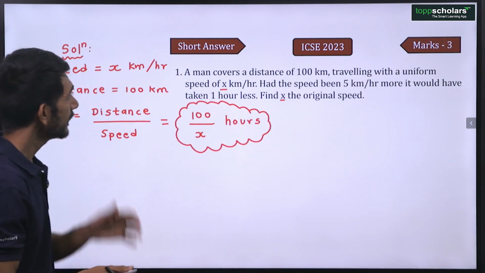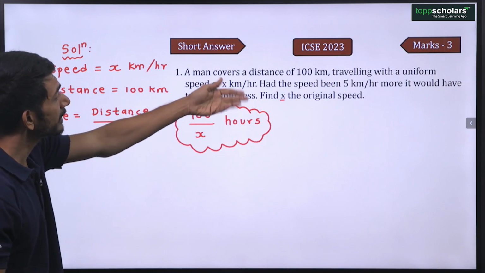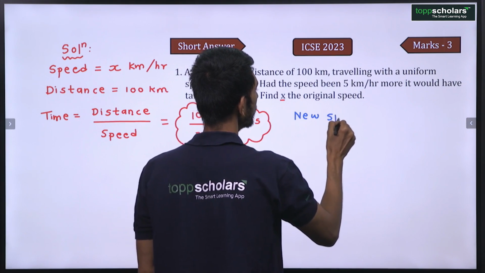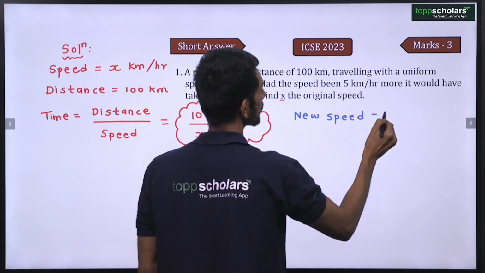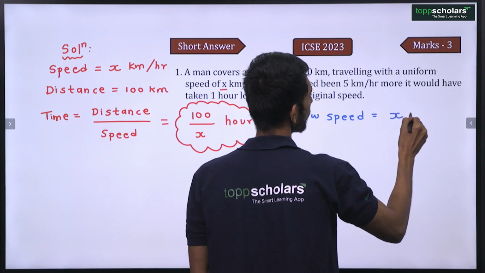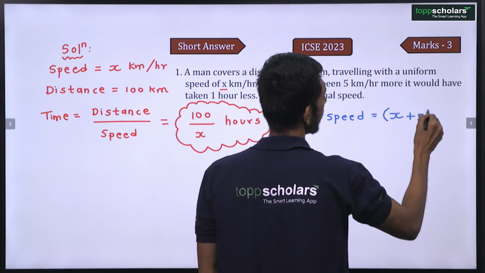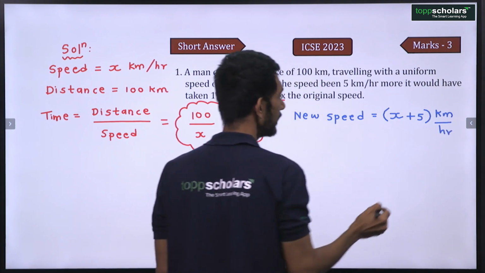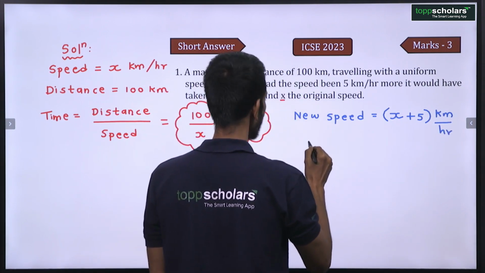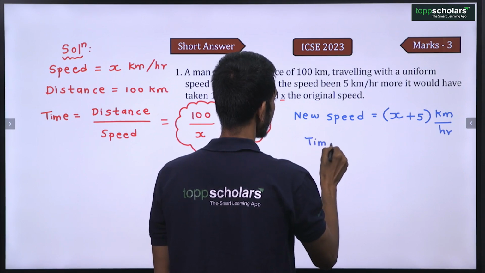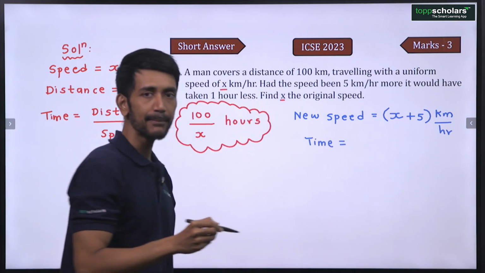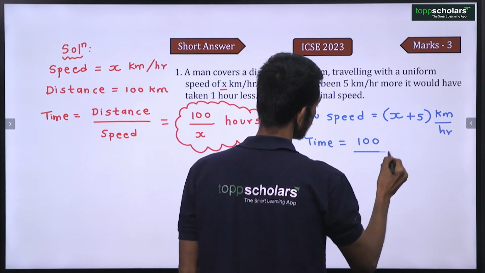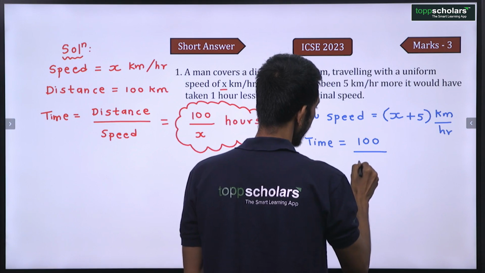Now they say that had the speed been 5 km per hour more, if the new speed is x plus 5 km per hour, then what will be the time taken? See, distance is not changing, so the time taken will be distance divided by new speed, that is 100 by x plus 5.